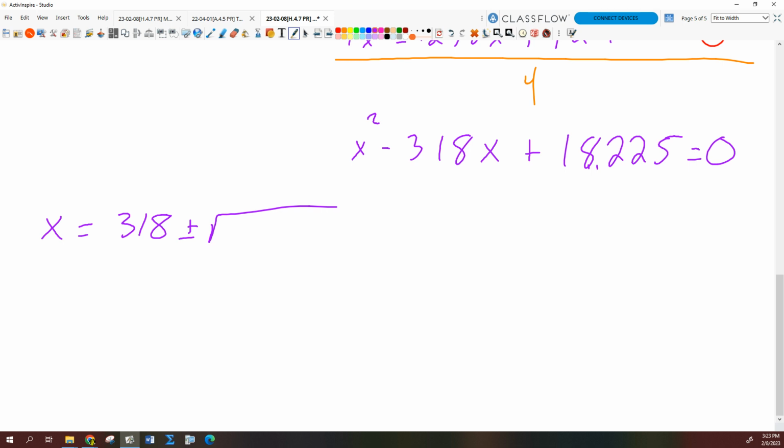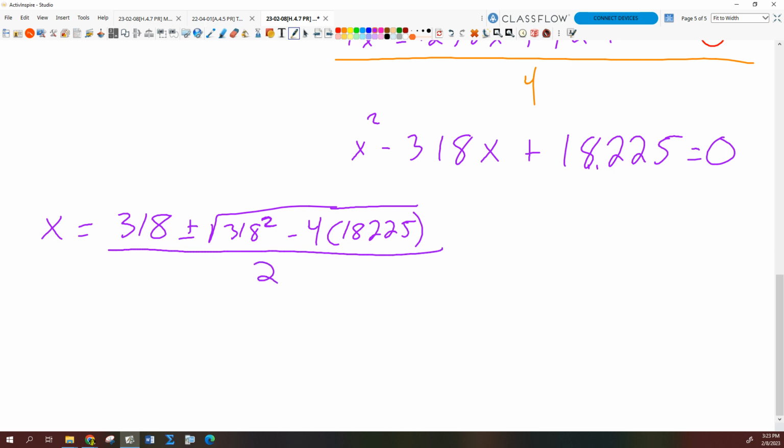And instead of squaring a negative, just square the positive, so you don't risk inputting a negative number incorrectly. 318 squared minus 4 times 1 times 18,225, all divided by 2, right? Okay, now I have no idea. I'm not even going to try to do that one in my head.